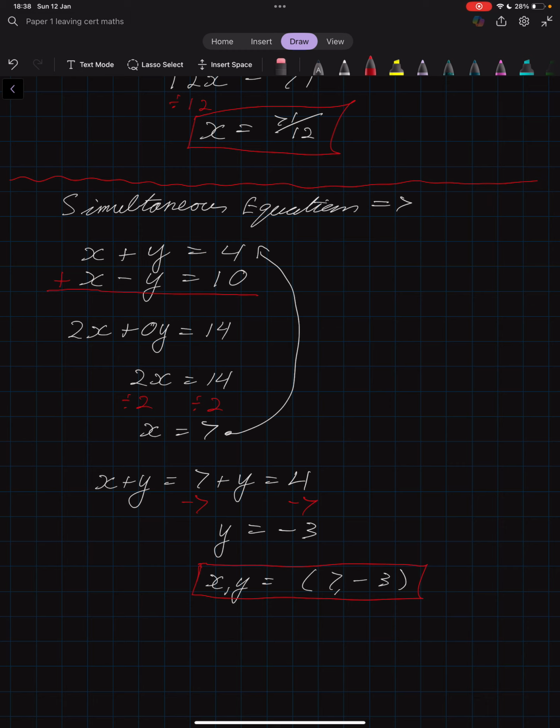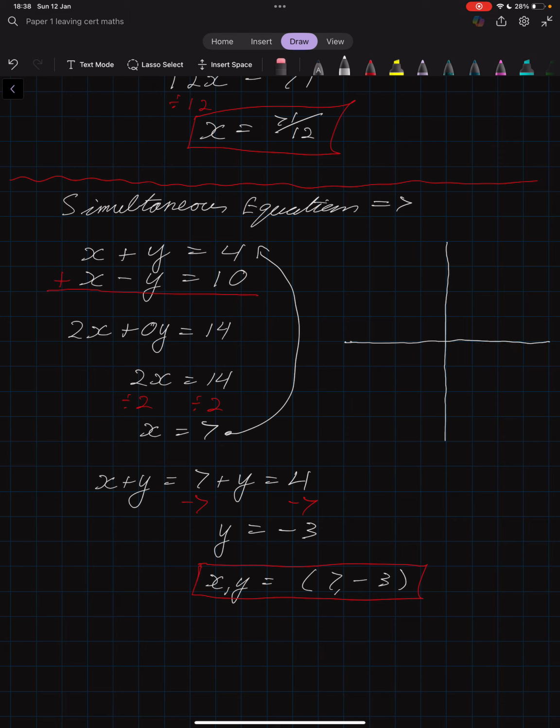Okay? So I'll just draw a quick thing here. It's like this. Say this is 8. It's minus 8. This is x.